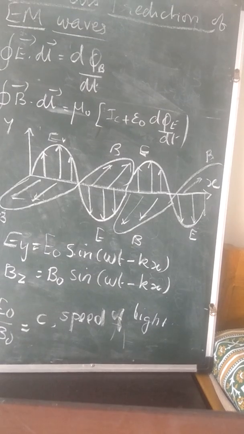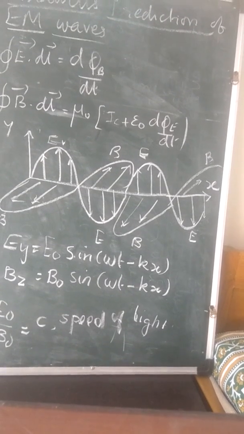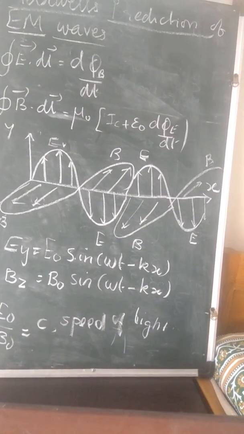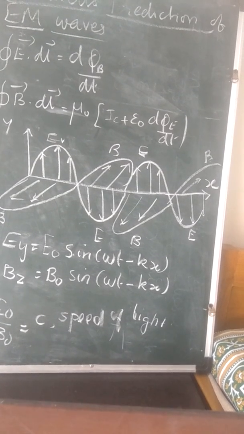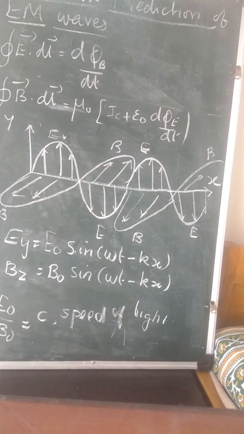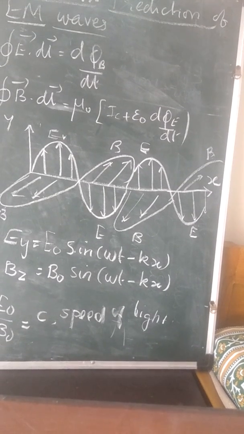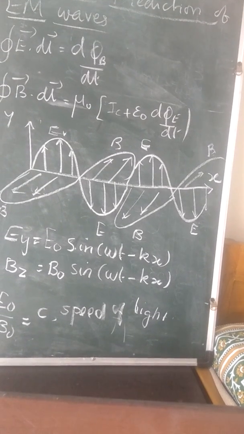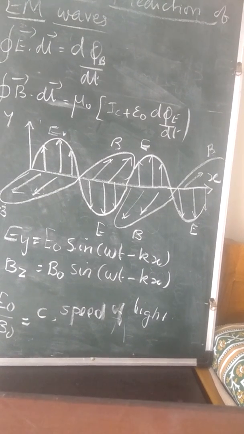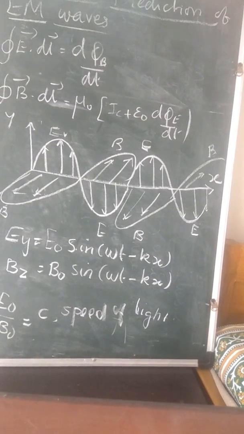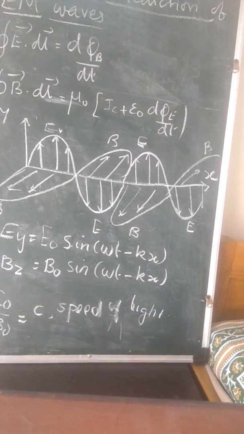Electric field along the y-axis, magnetic field along the z-axis, and the wave is propagating along the x-axis. So the x-axis is the direction of propagation of the light wave or electromagnetic wave, and that is perpendicular to both electric and magnetic components.